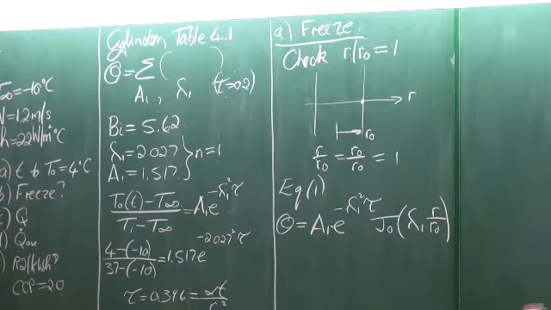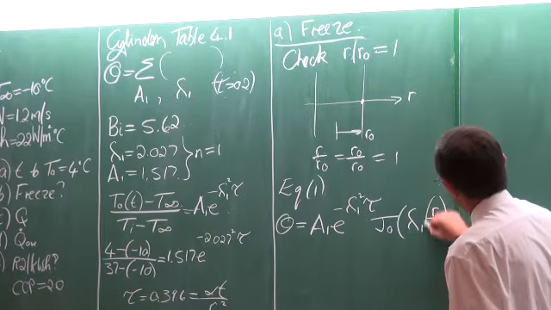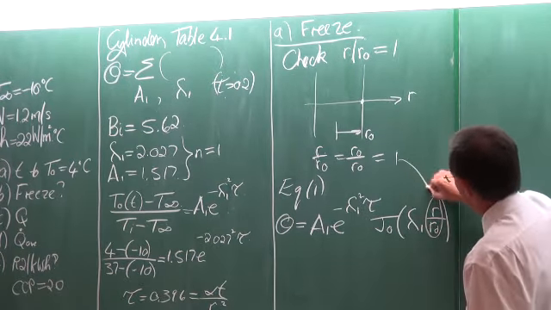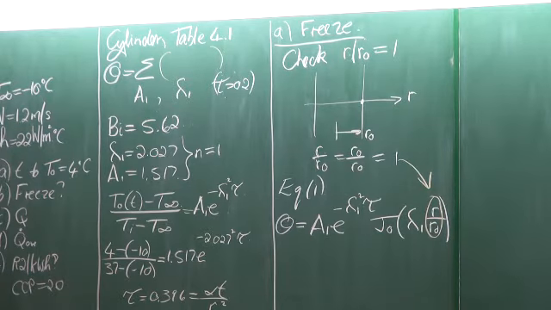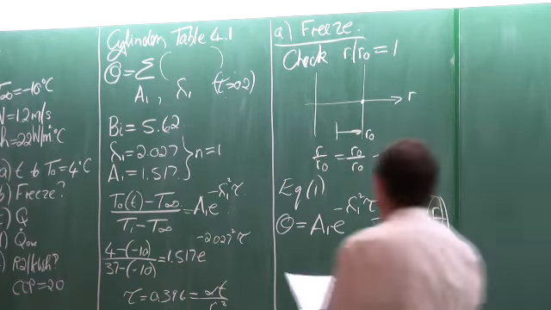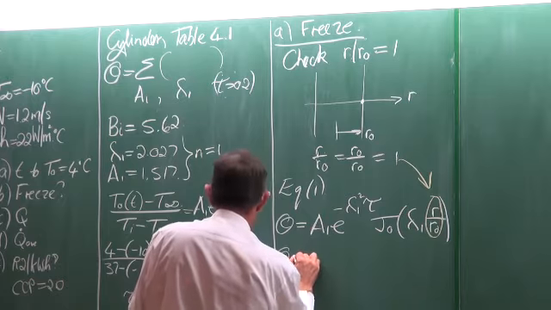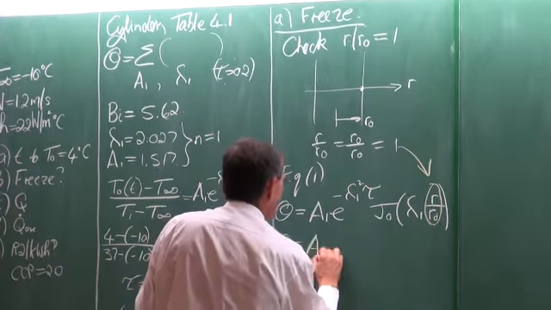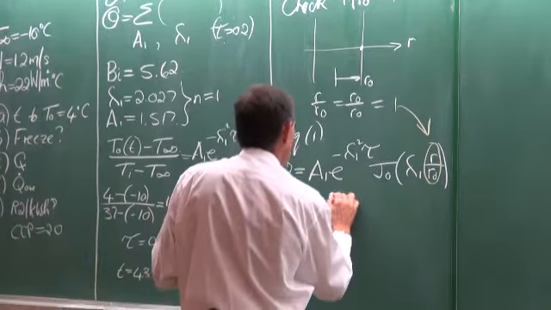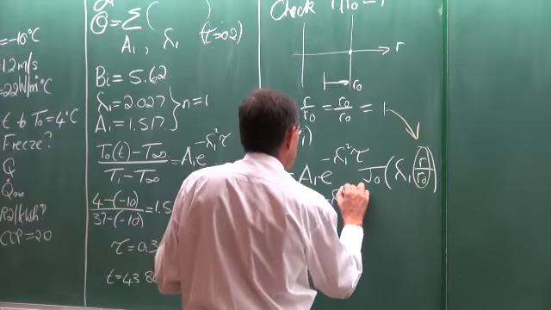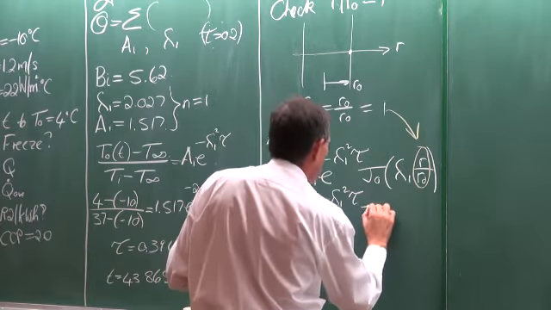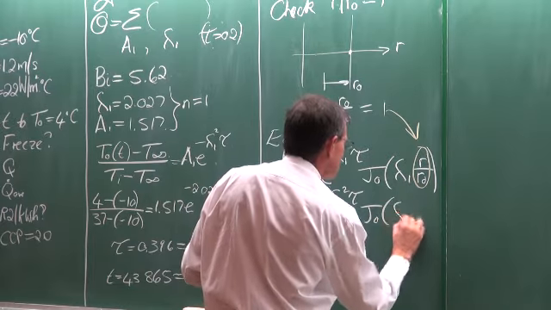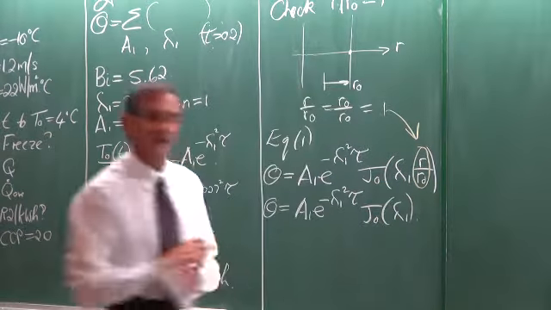And R divided by R0 is equal to 1. So the equation now becomes theta is equal to A1 e to the minus lambda 1 squared tau multiplied by J0 at lambda 1.